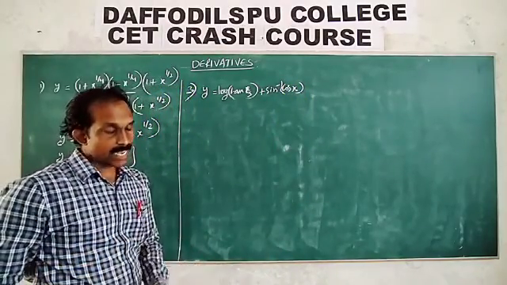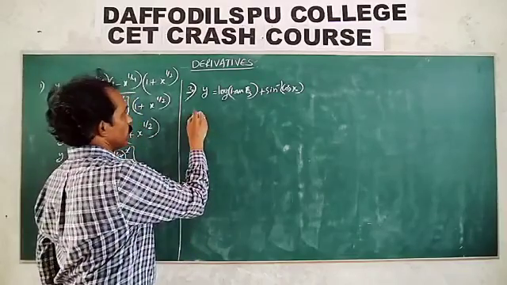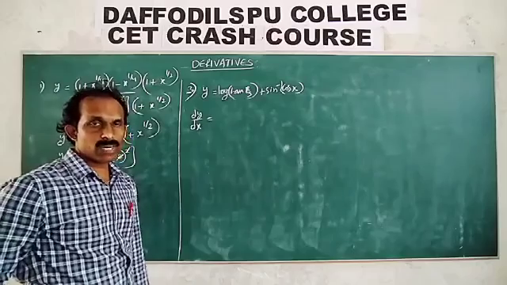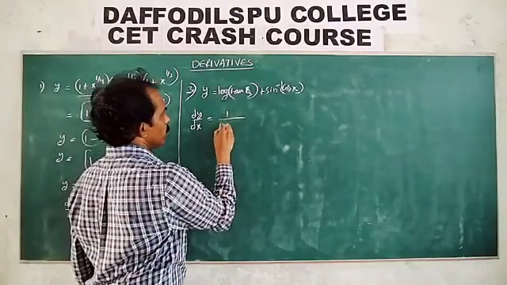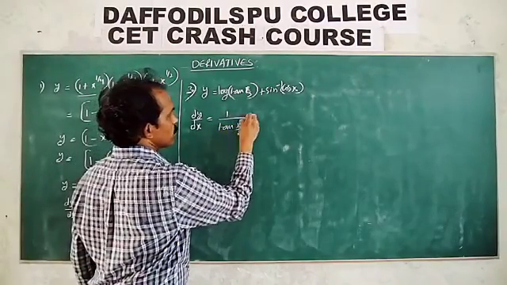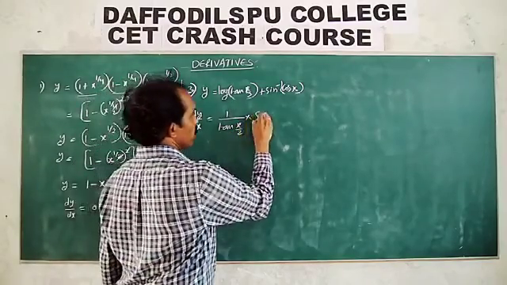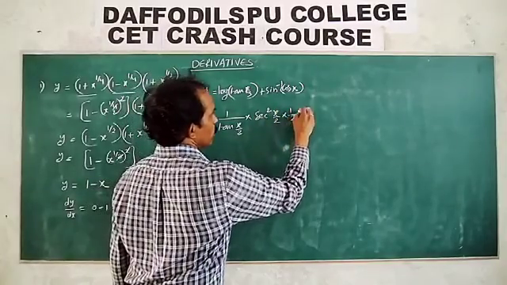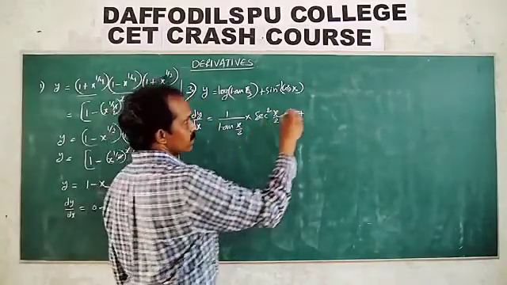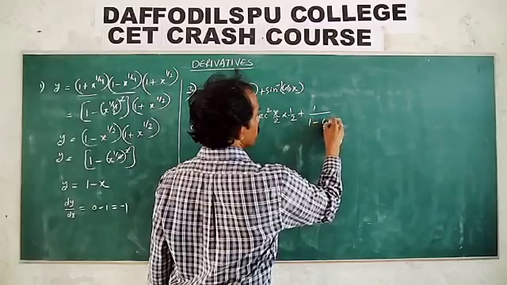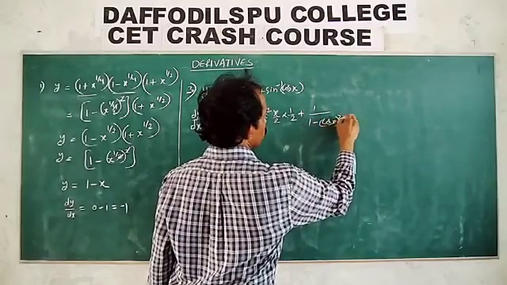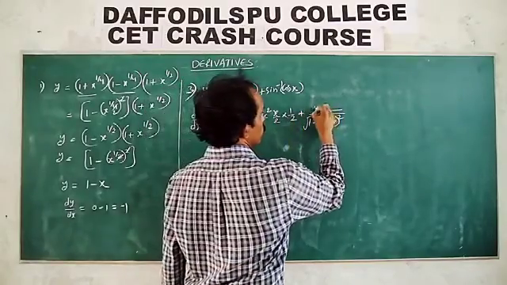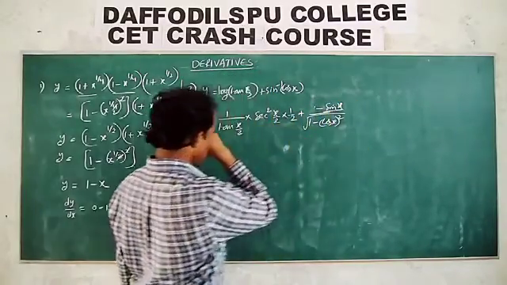Then d by dx is equal to log function derivative 1 by tan x by 2, tan x derivative secant square x by 2, x by 2 derivative 1 by 2, plus sin inverse x derivative 1 by square root of 1 minus x square, here x is cos x, so square root of 1 minus cos square x. This is the function, so cos x derivative is minus sin x. Okay, clear?